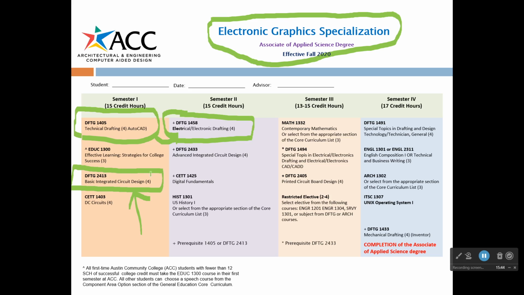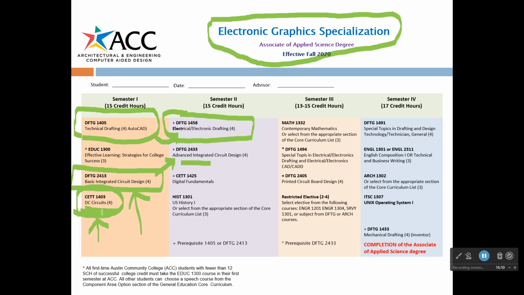But you do have to take basic IC design before you take Dftg 2433, which is the advanced IC design. This semester you could have taken CETT 1405, which is DC circuits, but if you didn't take that, you could take it next semester. So this is not offered in our department. DC Circuits is offered through the Engineering Technology program at ACC.